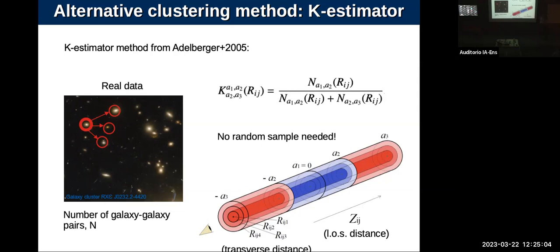Like this, I go on and on, extending the radii of the K-estimator, and in that way I obtain these clustering measurements as a function of transverse distance between galaxy pairs. Just to mention, this K-estimator is theoretically related to the two-point correlation function. In fact, if you have the K-estimator, you can derive the two-point correlation function and the other way around as well. Let me now apply this method to the MUSE-wide sample of Lyman-alpha emitters.